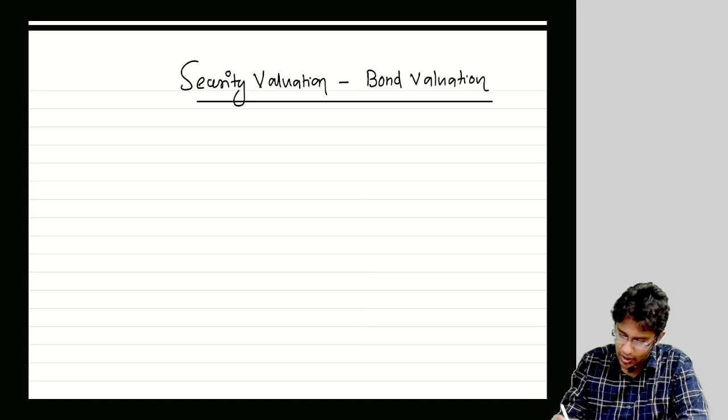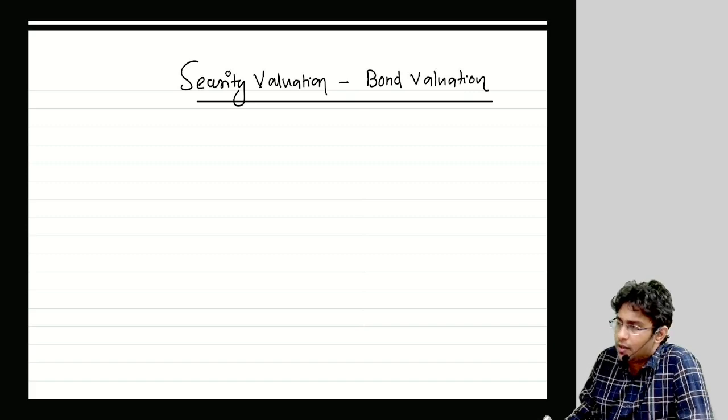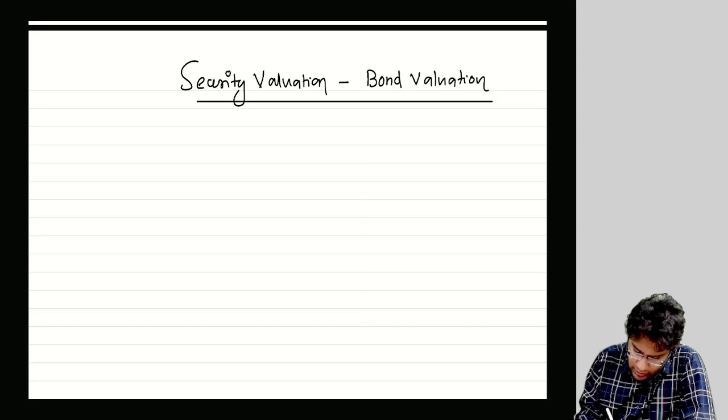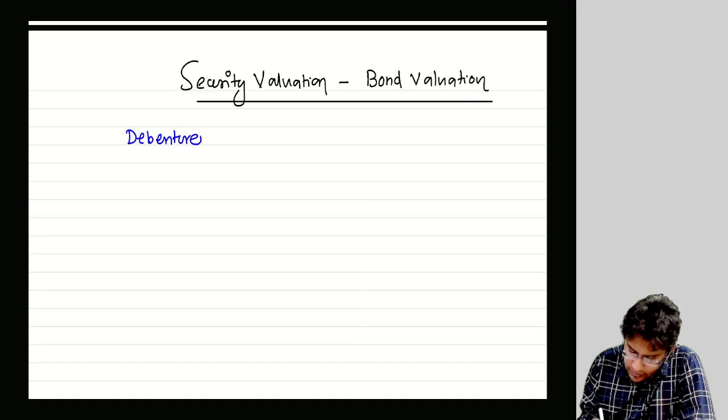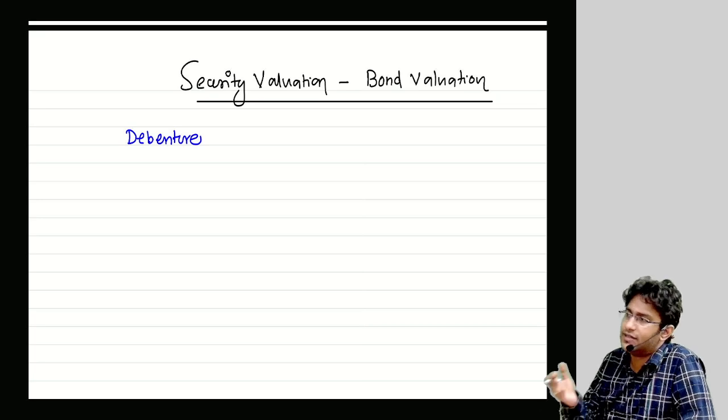Anyway, now you tell me, what is the meaning of the word bond? Bond basically is nothing but, do you know the word debenture? Tell me what is the meaning of debenture? It's a debt instrument issued by the entity for raising money.